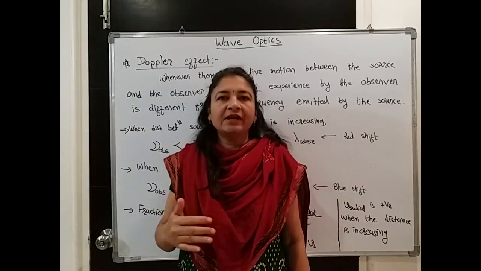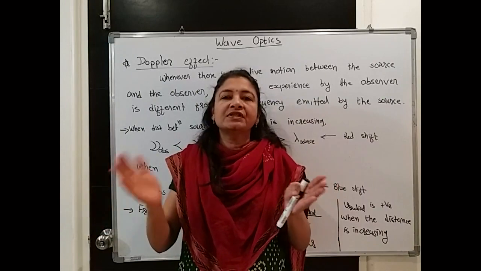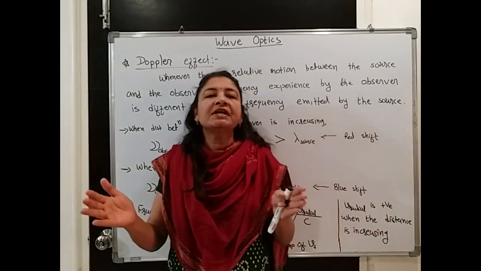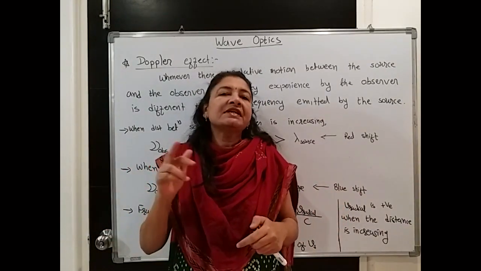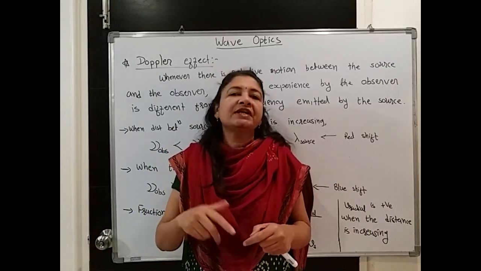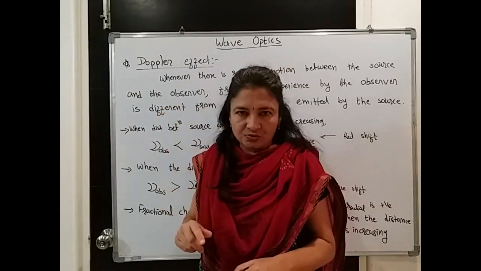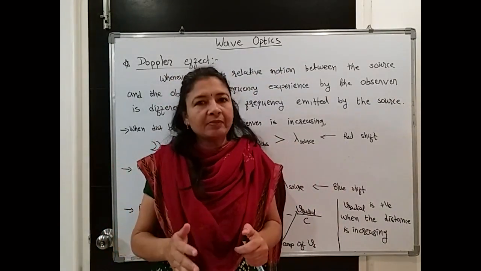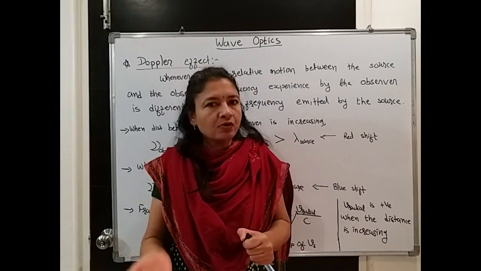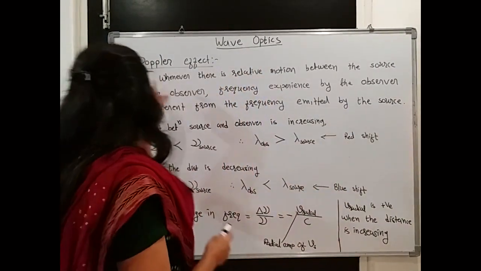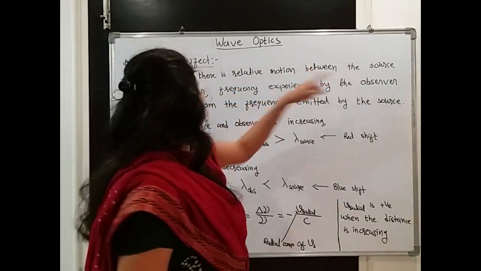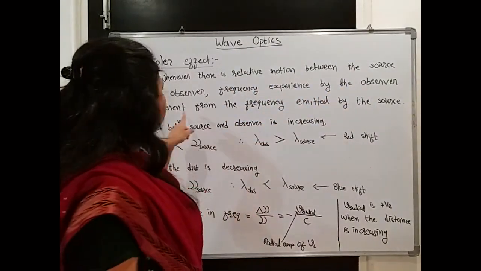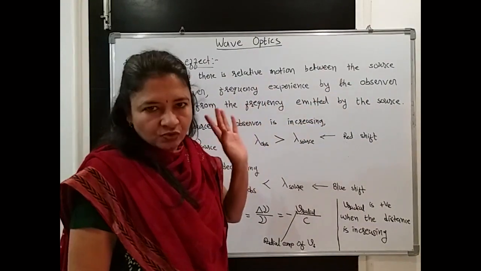You might recall that whenever there is relative motion between the source and observer, that means the distance between source and observer is changing, then the frequency experienced by the observer is different from the frequency emitted by the source. This effect is known as the Doppler effect. The Doppler effect is applicable for all types of waves, whether it is a sound wave or a light wave.